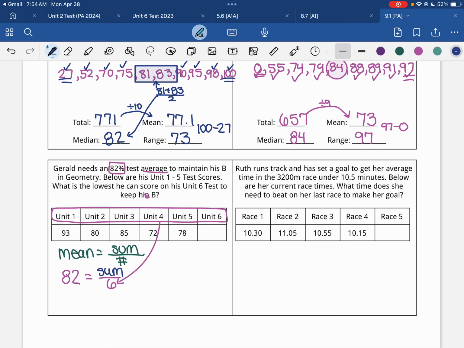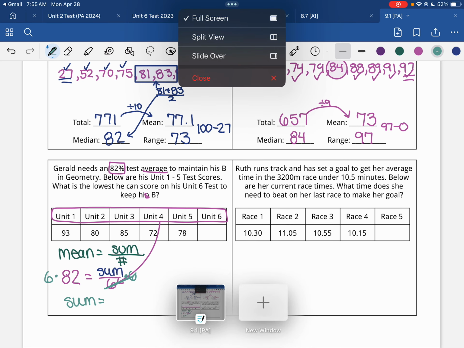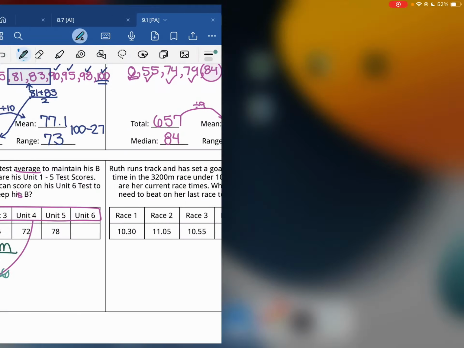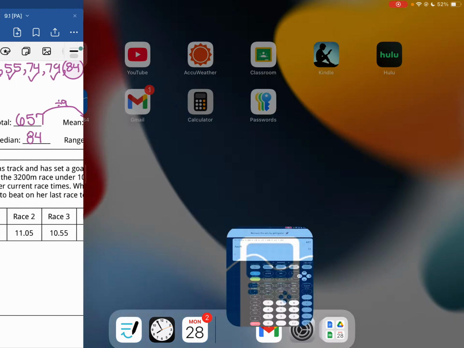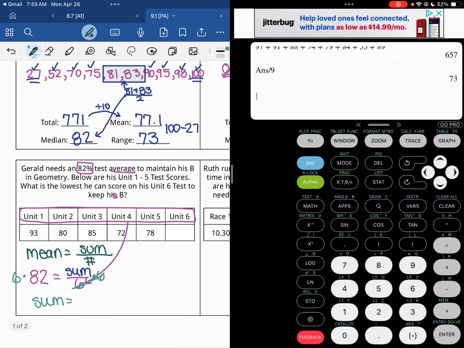So, to get rid of a denominator, we multiply it to the other side, because division and multiplication are opposites. So his sum needs to be 6 times 82. And 6 times 82 is 492.